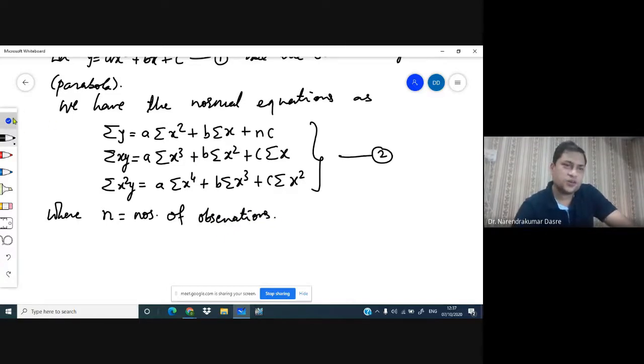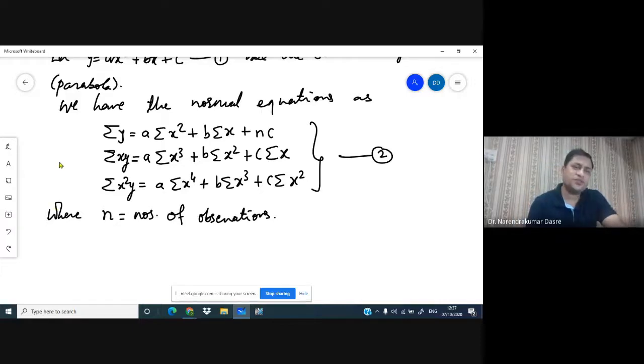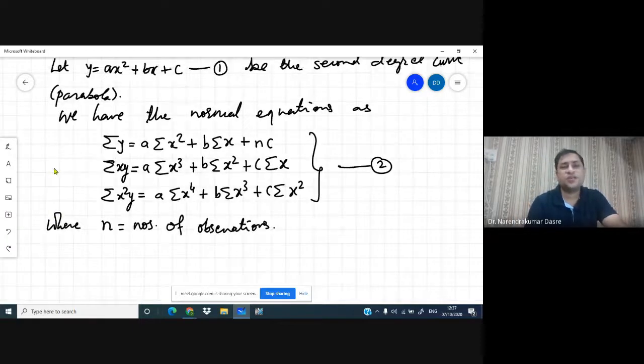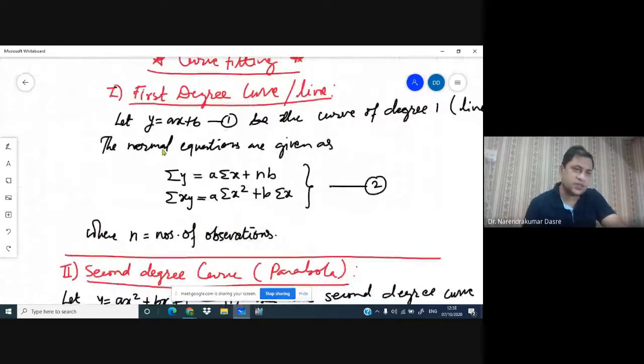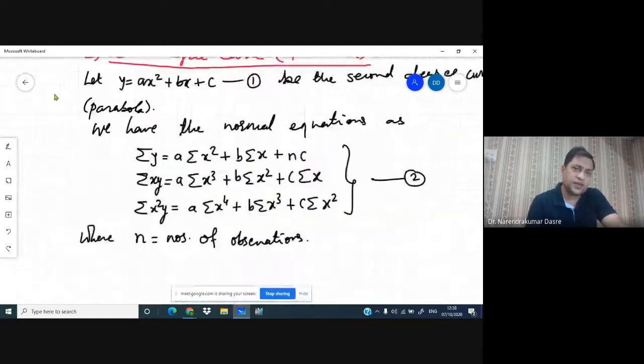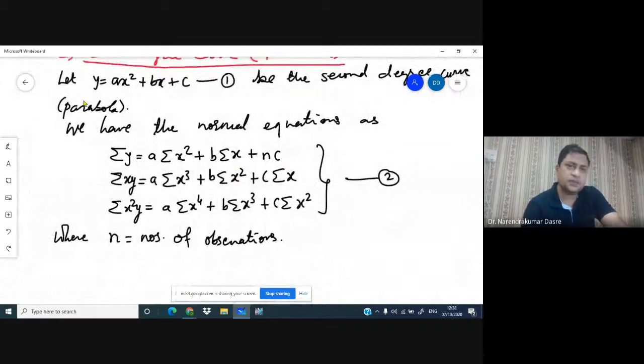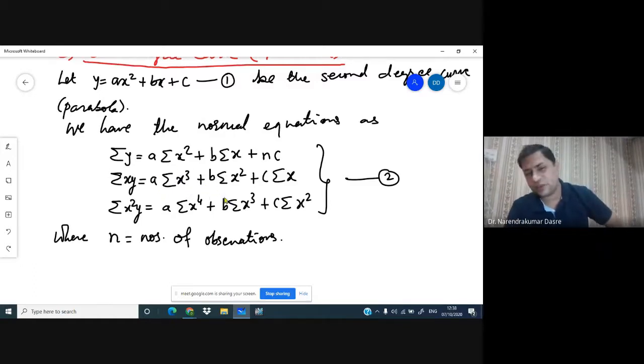So you can see now, for the first degree curve we got the normal equations, and for the second degree curve, the general parabola, we have obtained these normal equations by using the method of least squares.